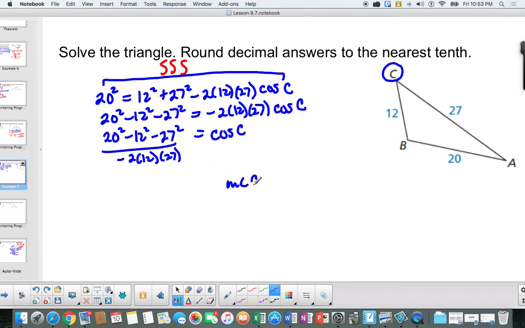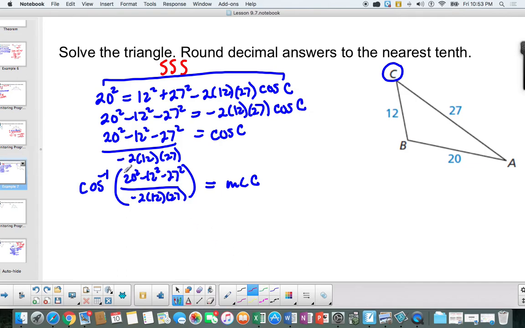So the measure of angle C will be equal to the cosine inverse of 20 squared minus 12 squared minus 27 squared all over negative 2 times 12 times 27.